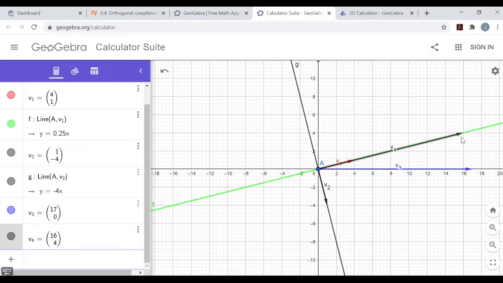This is 16, 4, and the end of that vector should be the closest point on the null space to the vector 17, 0. If I were to draw a little perpendicular segment from the end of 17, 0 to the null space, I'd get the end of this vector, 16, 4. That's the projection vector. So it looks pretty good.